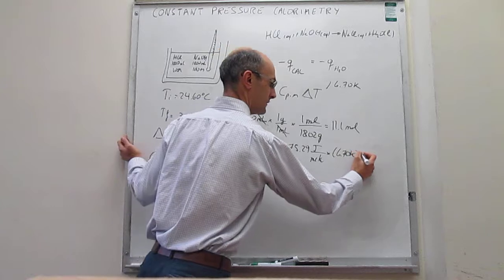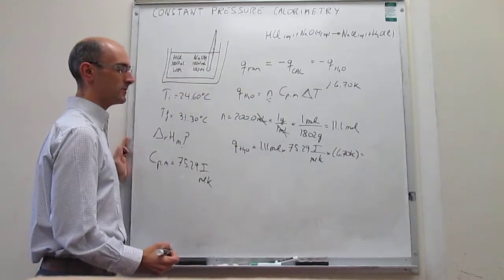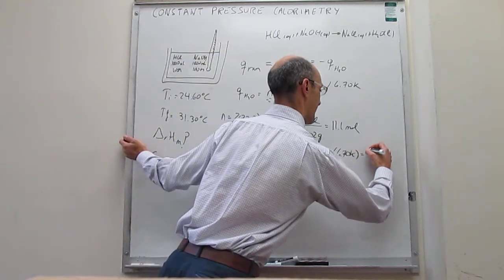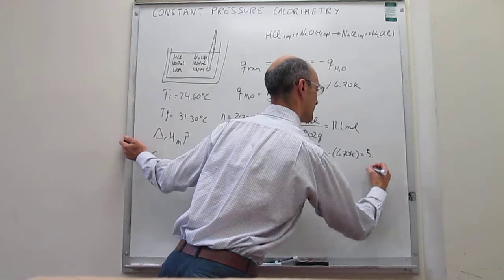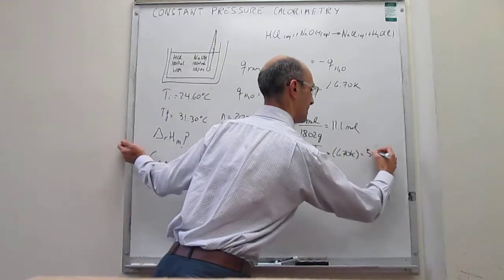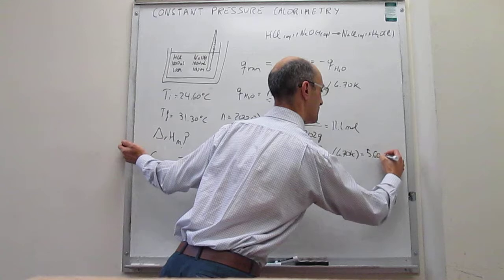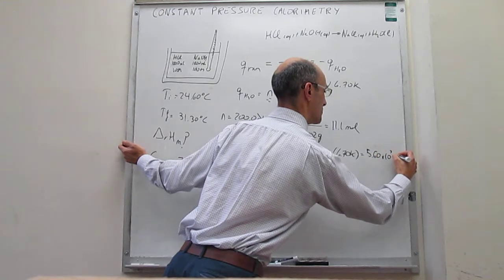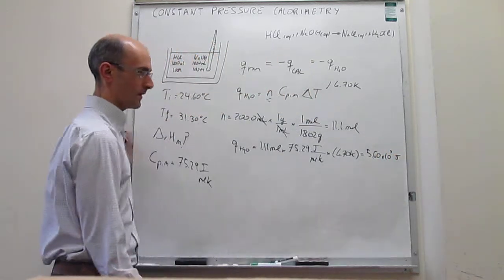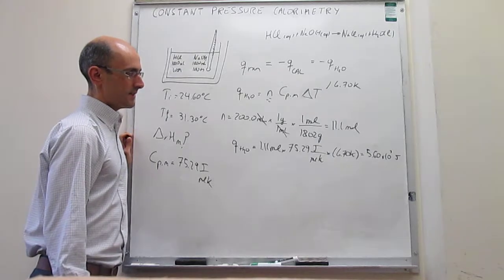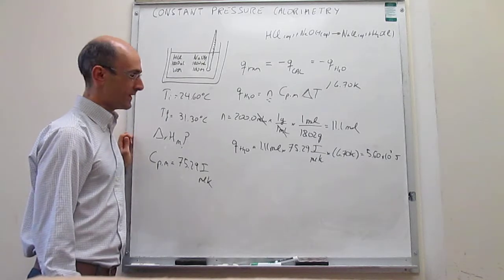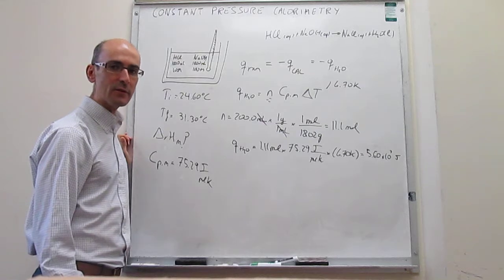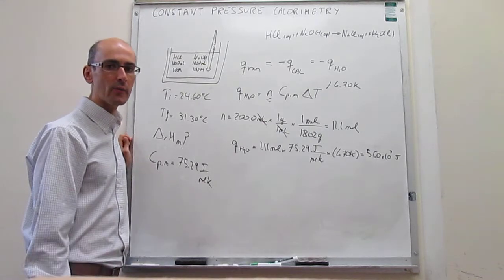And what this results into is an energy absorbed as heat of 5.60 × 10^3 joules. Notice that that heat is actually positive because it has been absorbed by the water.